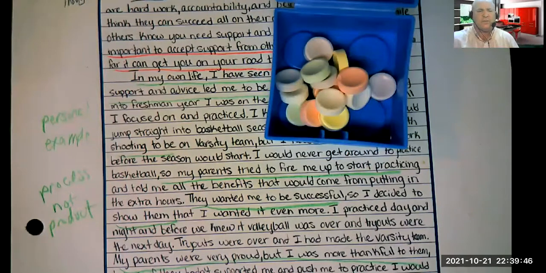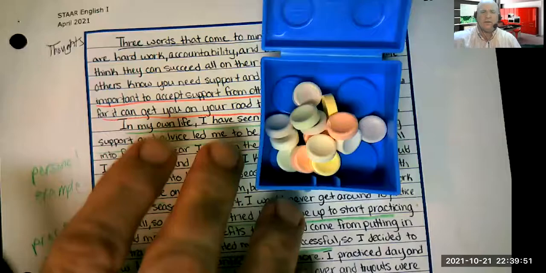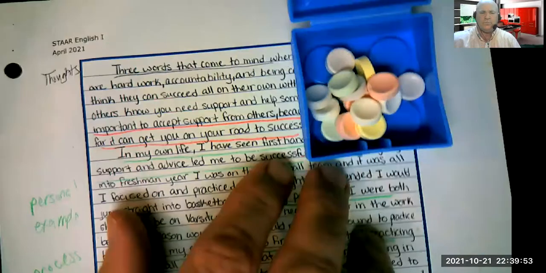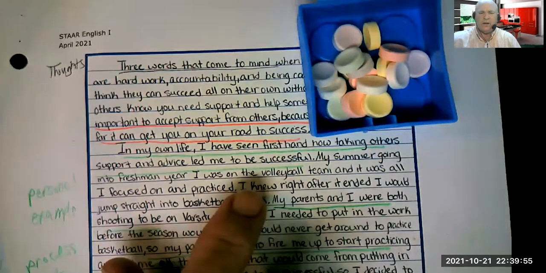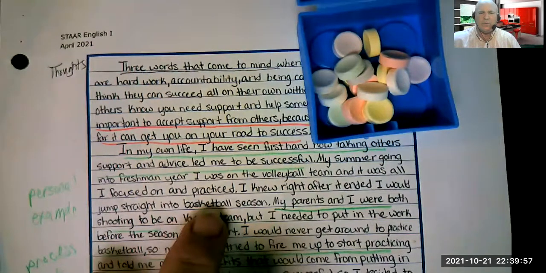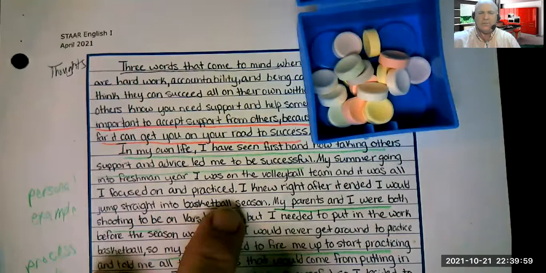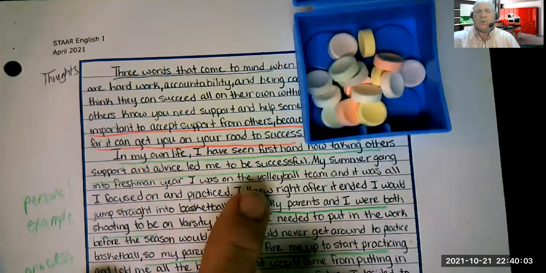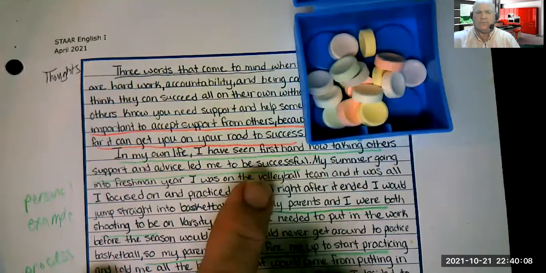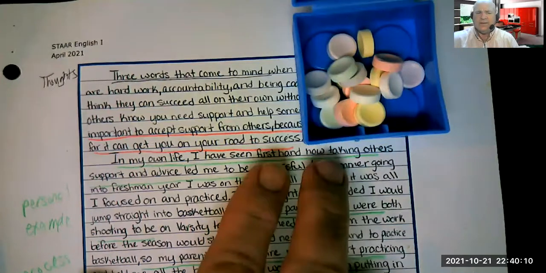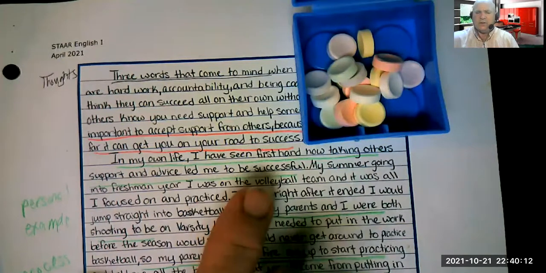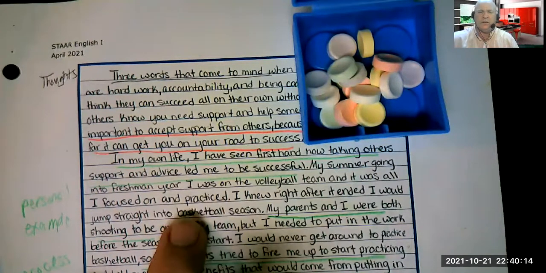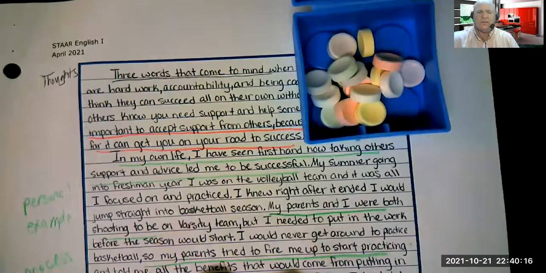Now, I want to remind you that here we talked about basketball, and here's volleyball. And so remember that the goal that I can tell from here is being on the varsity team.